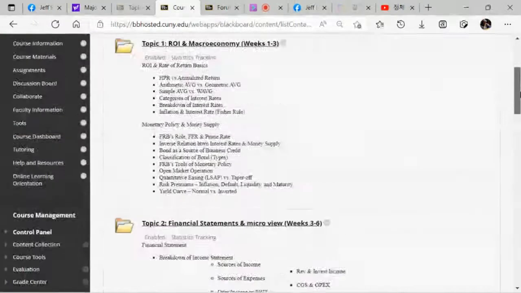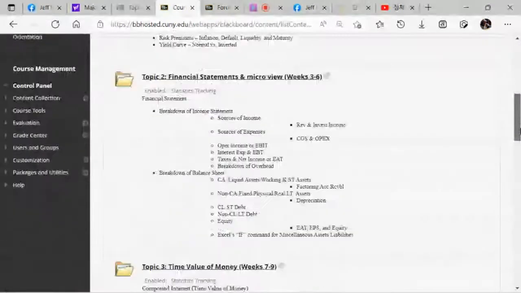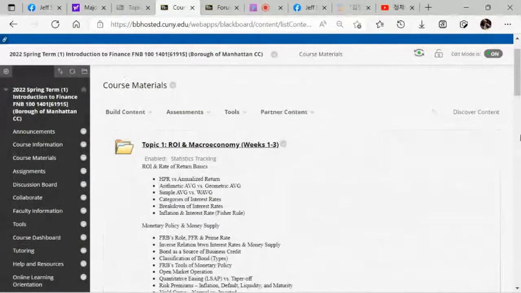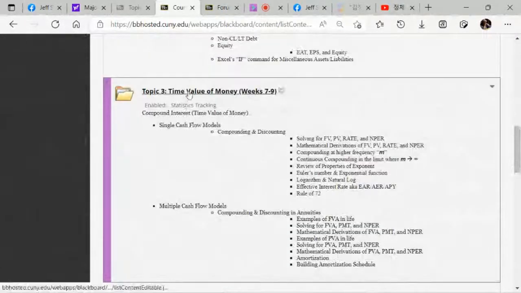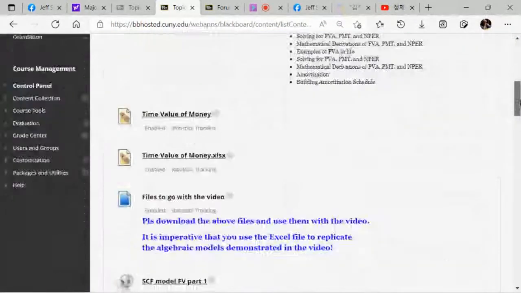But now this should be like your second nature. It's not the first time you are in this class, right? So it's in the course material, and we've been doing this repeatedly, right? Time value of money, we're in that topic.